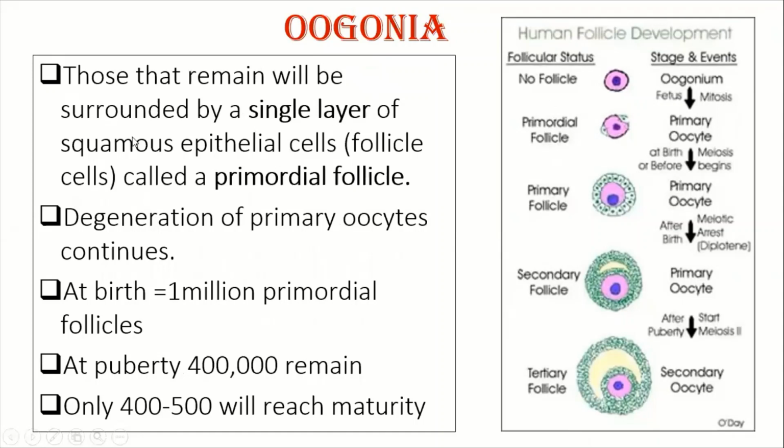Those that remain will be surrounded by a single layer of squamous epithelial cells; then it is called a primordial follicle. Others degenerate. Degeneration of the primary oocytes continues. At birth, about 1 million primordial follicles will be there. At puberty, 4 lakhs remain, and after puberty only 400 to 500 will reach maturity, of which only one will undergo ovulation.